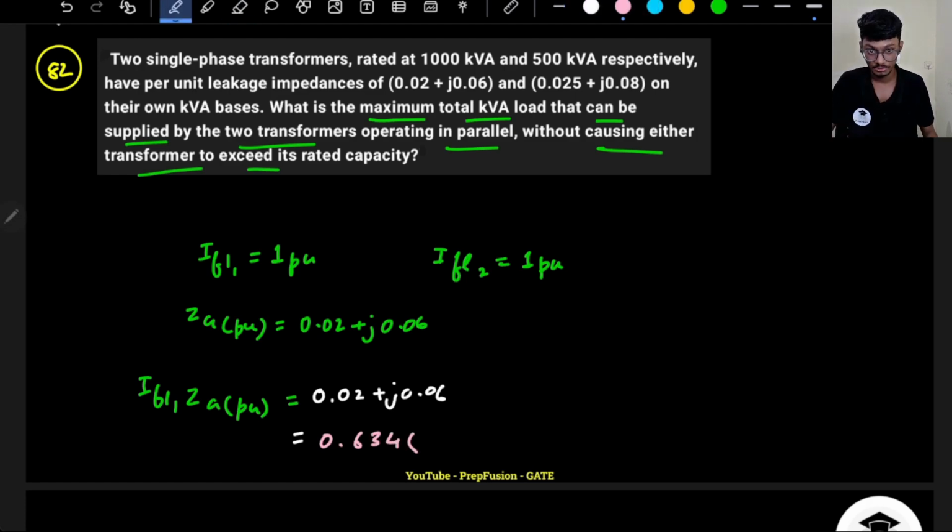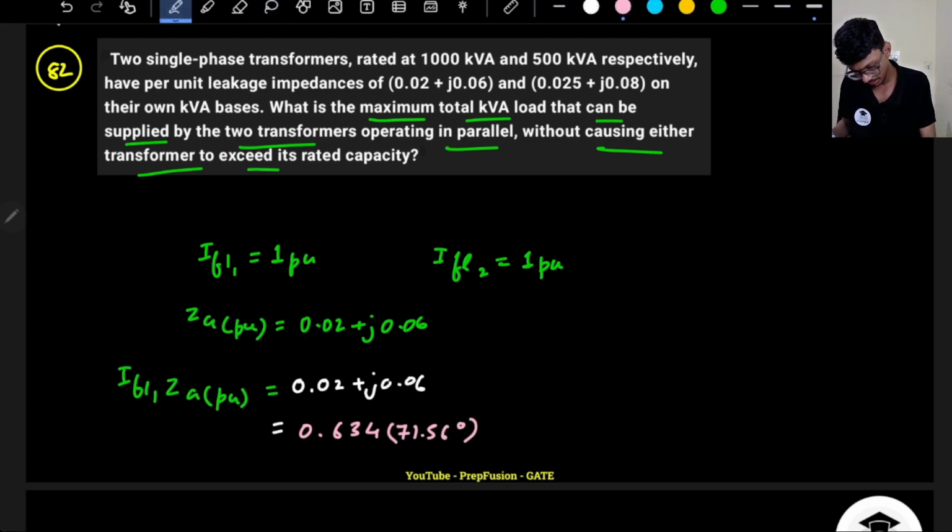If I find out the angle as well, tan inverse of 0.06 divided by 0.02 will be 71.56 degrees.